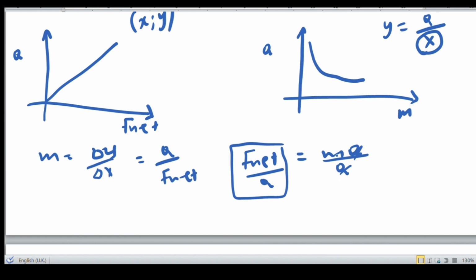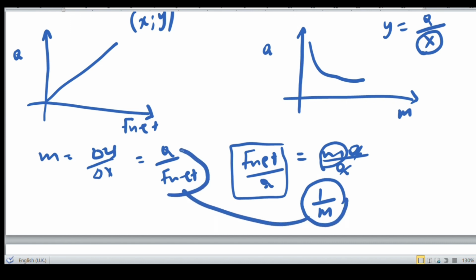So since the mass equals F net over A, therefore A over F net is the inverse of M. It is 1 over M, not M exactly.